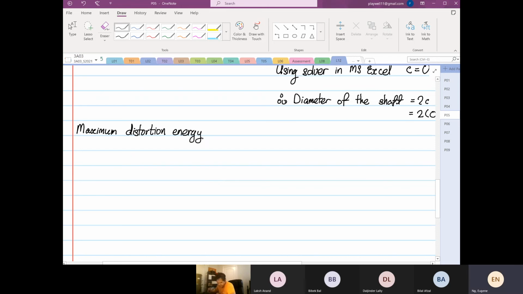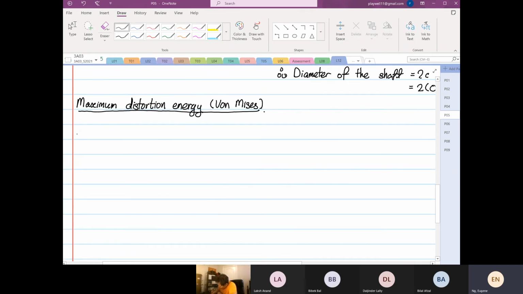In other words, it's also known as von Mises. So now, what is this energy? The distortion energy, I'll tell you the units first. The distortion energy per unit volume.